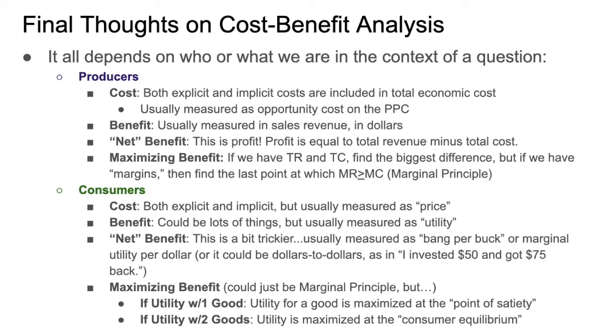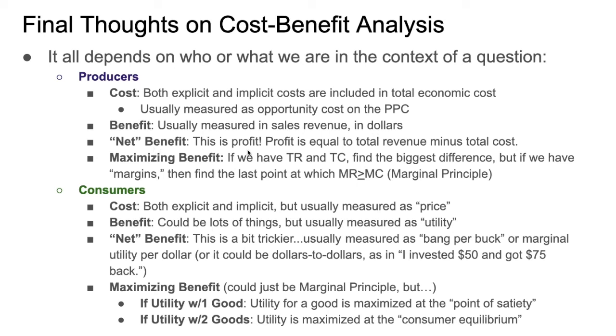However, some final thoughts on cost-benefit analysis. With producers, costs are both explicit and implicit, and they're included in total economic cost, both of them. This is usually measured for a producer as opportunity cost on the production possibility curve, but in general business, it's economic cost. Benefits are usually measured in sales revenue as dollars.